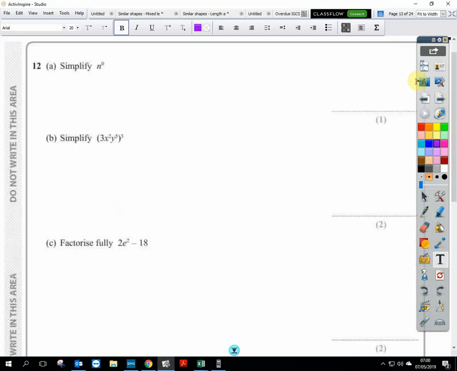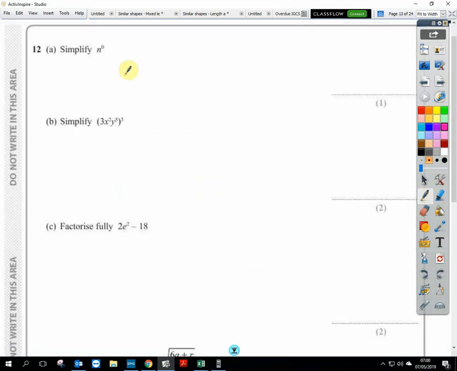Next question. Right. Even a banana to the power of 0 is 1, as long as it's in brackets. So the next one, you must remember to raise each of these terms to the power 3. 3 to the power of 3 is 27, and then we use the rule for the algebra. When you have a bracket to a power, you times the powers.